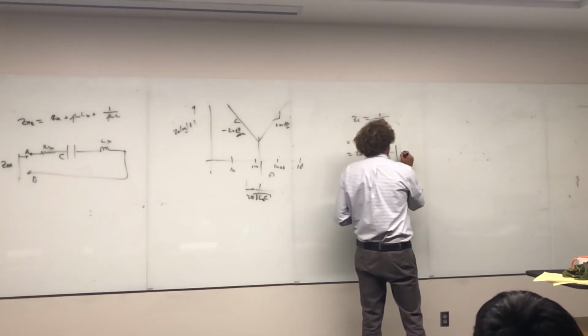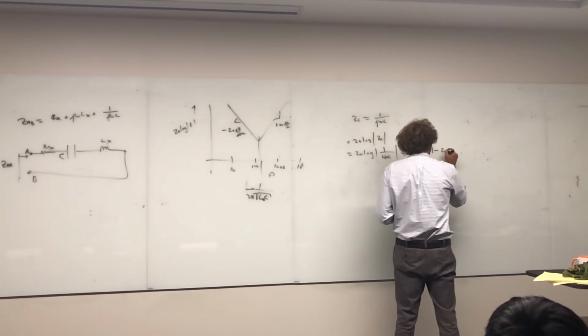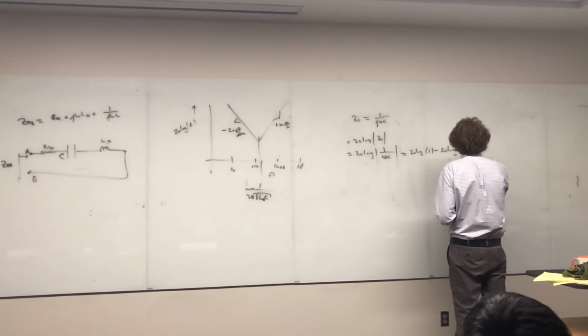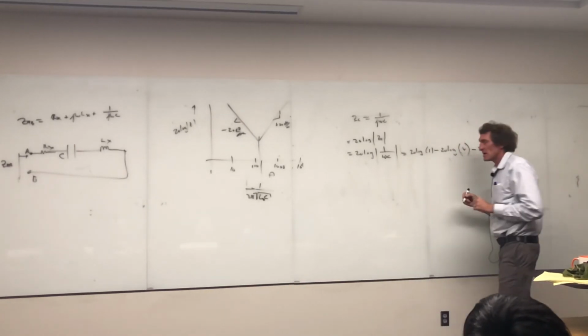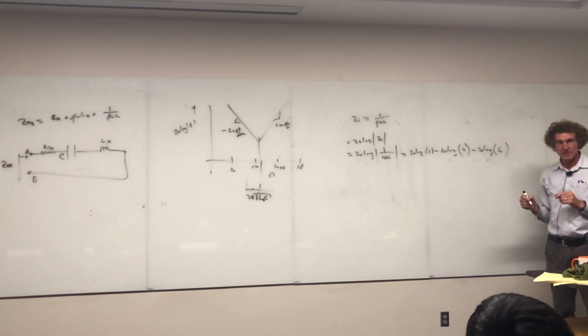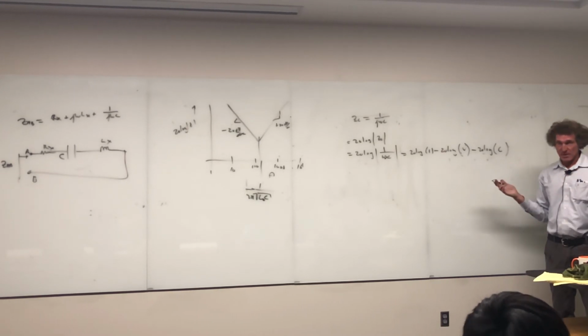And that's really equal to 20 times the log of 1 minus 20 times the log of omega, minus 20 times the log of C. Isn't that right? I can break out the log C separate, can't I? Log AB is log A plus log B. Do you all agree with this?